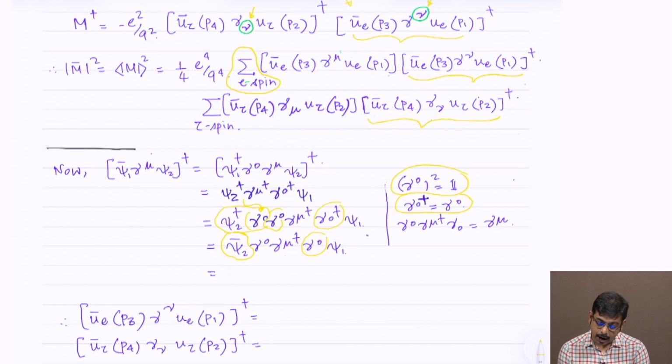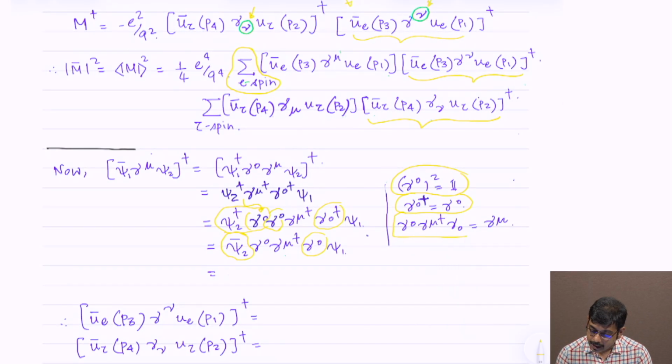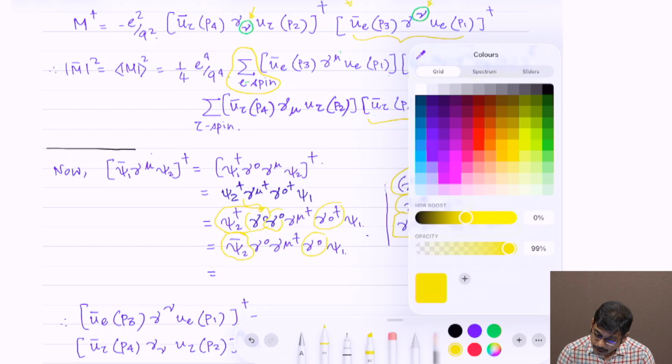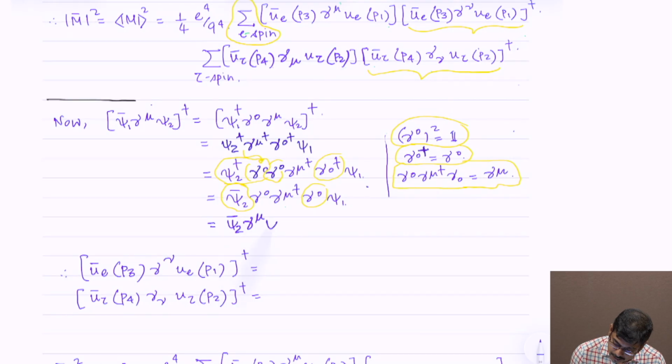So I have ψ̄2 γ^0 γ^μ† γ^0 ψ1, and this quantity γ^0 γ^μ† γ^0 you can verify to be γ^μ itself. Okay. So this calculation shows that this is ψ̄2 γ^μ ψ1.